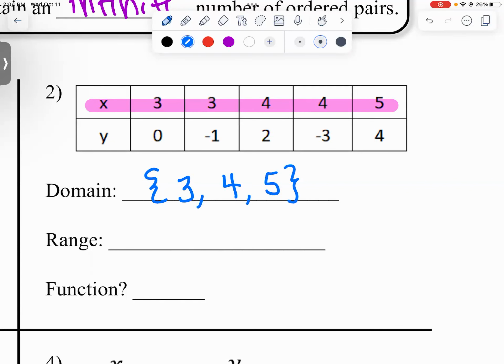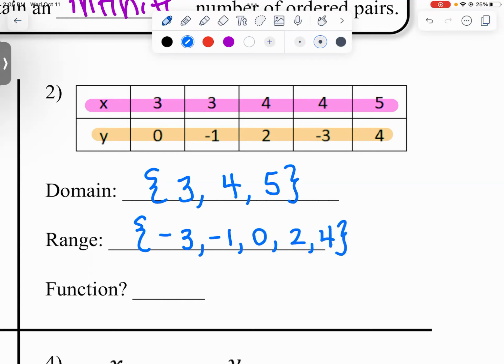Cool. The Y's are going to tell us what the range is. What numbers do we see? I see -3, -1, 0, 2, and 4.